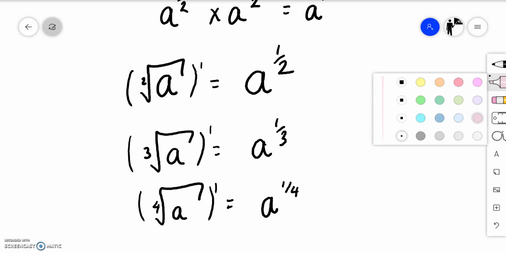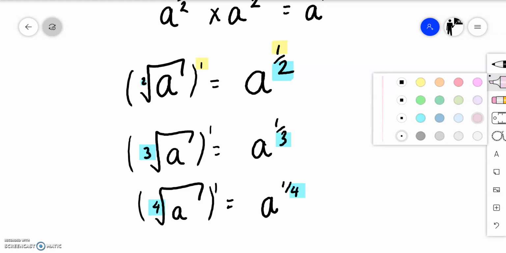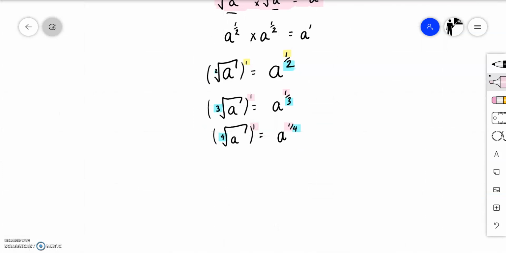Hopefully you're going to be able to start seeing a pattern here. So if we've got the cubed root of A, that's the same as A to the third. The fourth root of A, that's the same as A to the power of 4. So you can see how all these values are starting to tie together.